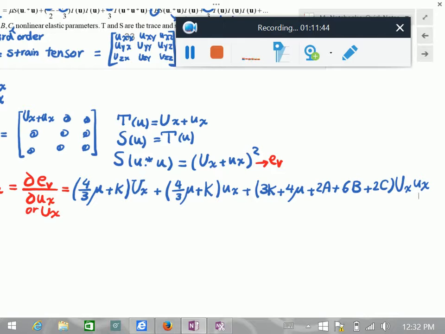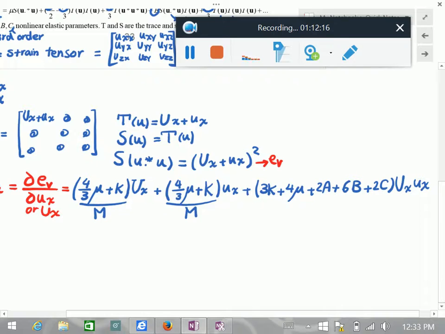This is equal to m. So 4/3 of mu plus k is actually the constraint modulus. So that's basically the linear elastic. Right. Yeah, this is the derivative of a strain. Yes. Okay. No, this ux is a strain. It's correct. So we have, this is m. This is the constraint modulus.